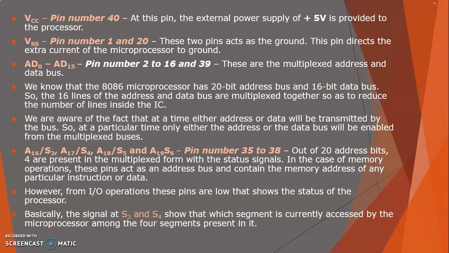At a time either address or data will be transmitted by the bus. मतलब at a time हम लोग एक तो एड्रेस भेज सकते हैं या तो डेटा भेज सकते हैं. जब हम लोग एड्रेस भेजेंगे तभी एड्रेस की लाइन अनेबल रहेंगी और जब डेटा भेजेंगे तब डेटा की लाइन अनेबल रहेंगी. सो दैट इज योर एड्रेस एंड डेटा बस.